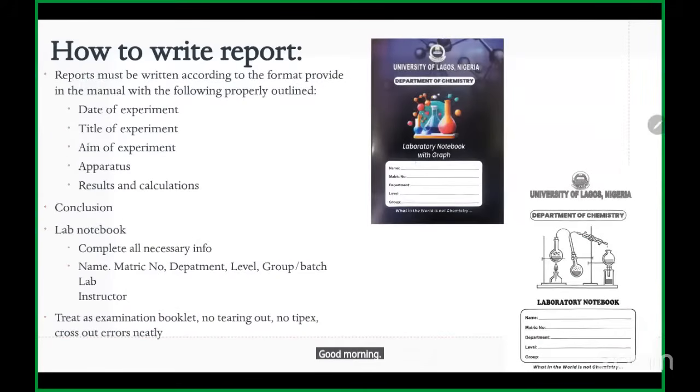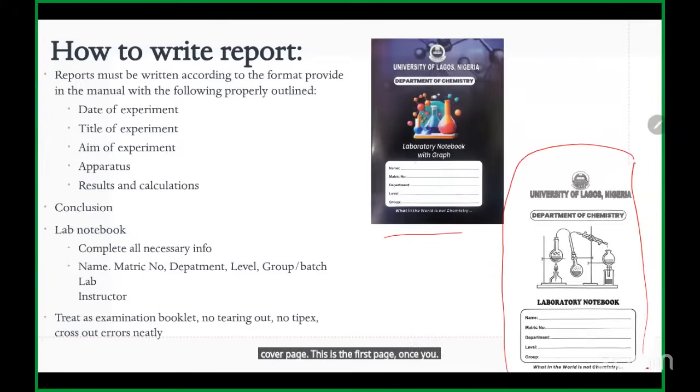So you have said that our manuals are different. I'm hoping that our lab note is not different. This is the front page, the cover page. This is the first page once you open it. Please, anytime you are writing a report, include the date of experiment, the title of experiment, the aim of experiment, and the apparatus used.